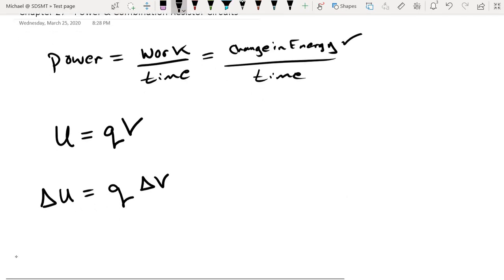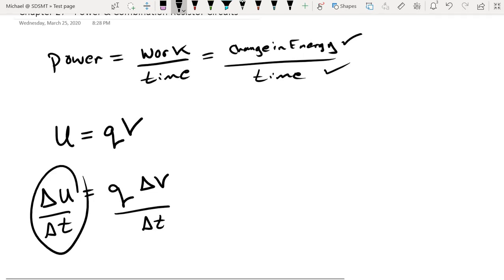And now we bring in the time component. So we'll change our potential energy with respect to time. That means we have to change this side with respect to time. And over here, we get change in energy with respect to time, which is power. And then you might be tempted to combine these two, but that's not what I'm going to do.